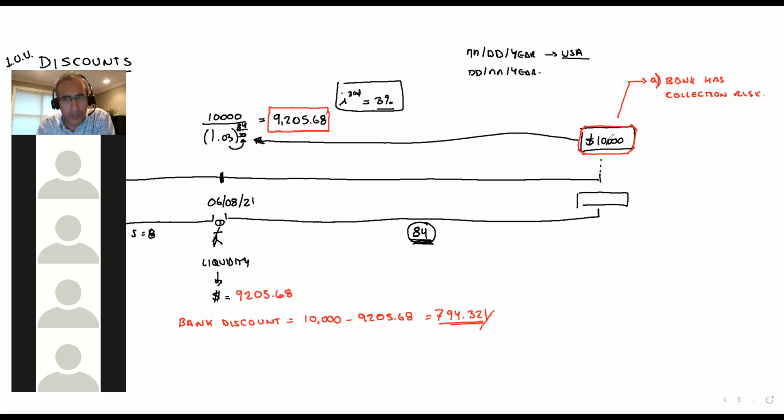Make sense to you? And the second option, the option that is more usual, is that the client, so you, this guy here, has a collection risk. So what is the meaning of that? Imagine that the bank tries to do as best as they can to collect this money. They are not successful. So they are going to knock on your door and tell you, hey, you know what?